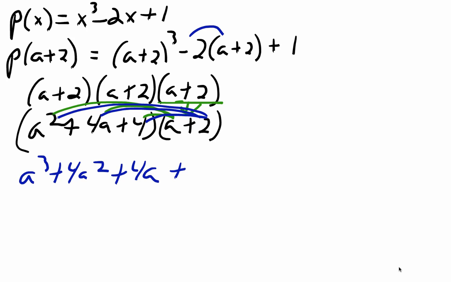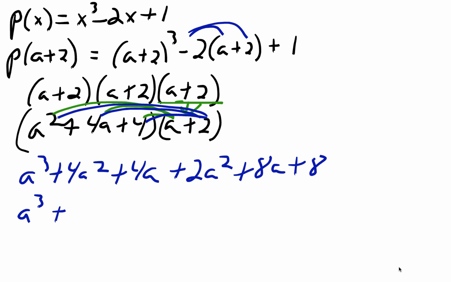Let me erase that, because that's not quite right there. So, you have 2a squared plus 8a plus 8. Then, when I would distribute this way up here, then I'd have a cubed plus 4a squared. Let's see, or excuse me, that'd be 6.